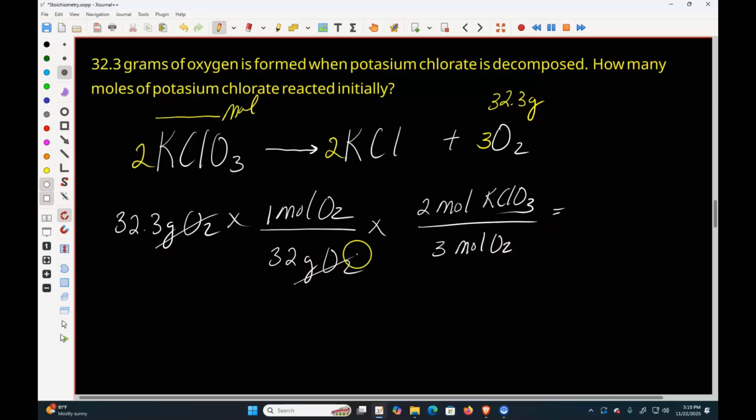So grams of oxygen cancel, moles of oxygen cancel, which gives me moles of KClO3. So I will say 32.3 times 2 divided by 32 times 3. That will give me 0.673 moles of KClO3.